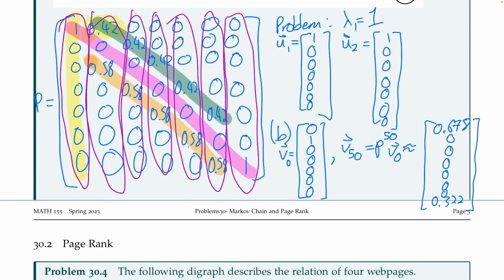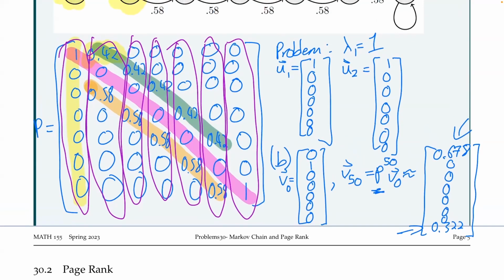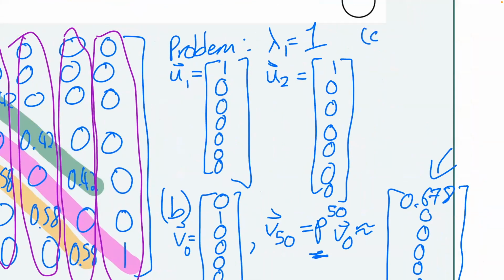So after a large enough number of tries, we have roughly a 68% chance of losing our money if we start with $1, and we only have a 32% chance of winning. We can do the same thing if we start with $5.